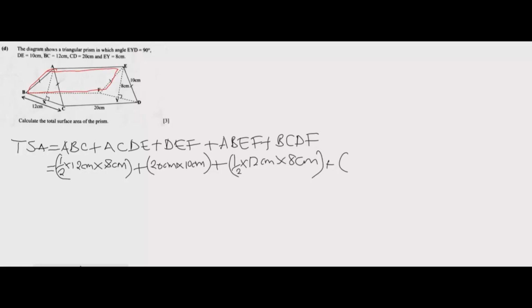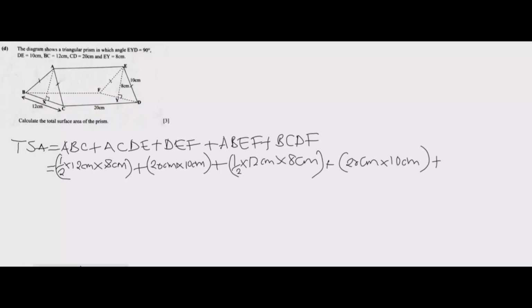Again we multiply that area, so we have 20 centimeter times 10 centimeter, close bracket. Then we come to the surface area BCDF. The area BCDF is this area. I hope you are able to see it.